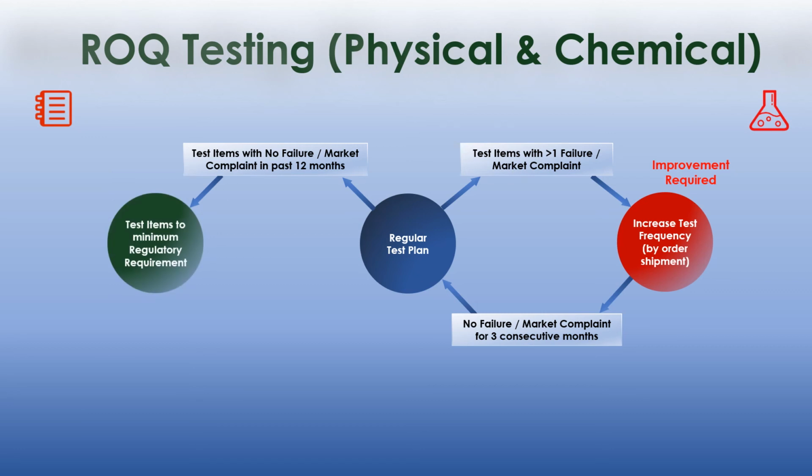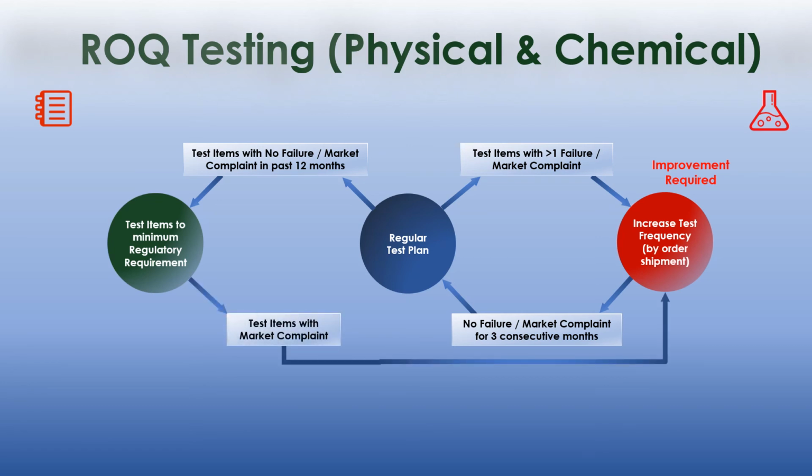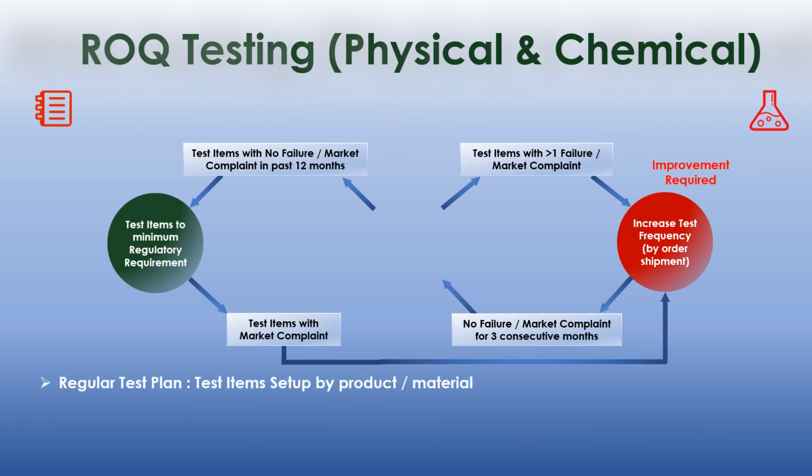From this point forward, cost reduction benefits can be realized from non-regulatory physical test requirements and for repeat models or styles. Once again, in an event of a regulatory or market complaint thereafter, increased testing frequency will be applied to the specific test item affected on the specific product and supplier concerned. Setup of the test items of the test plan can be done by product, material, or by brand.